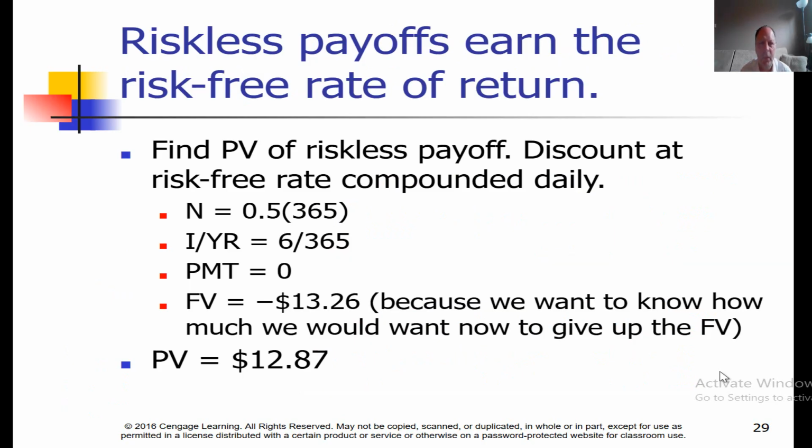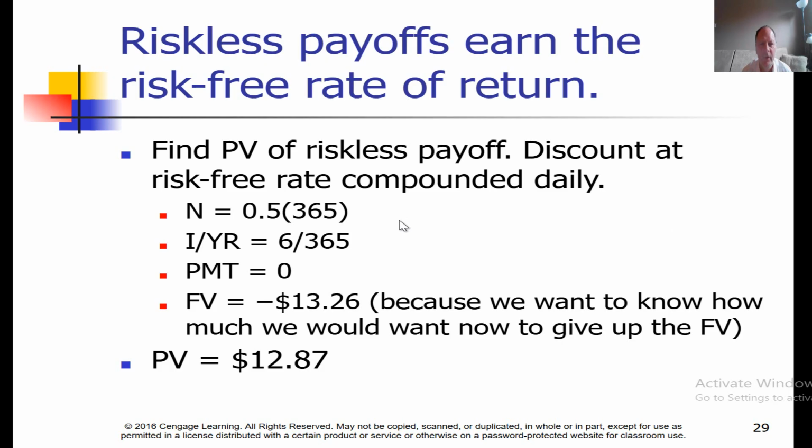Any riskless payoff must earn the risk-free rate, or there will be an arbitrage. Therefore, the value of the portfolio today must be the present value at the risk-free rate of the payoff in 6 months. You can calculate that present value in multiple different ways. Here we show doing it with a financial calculator.